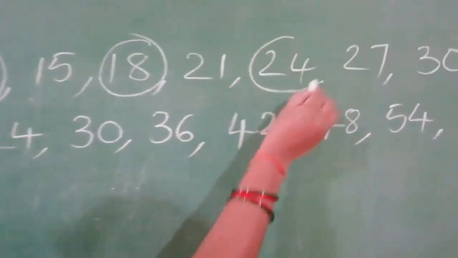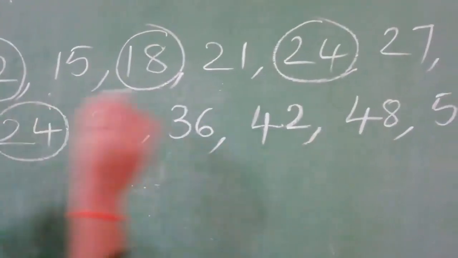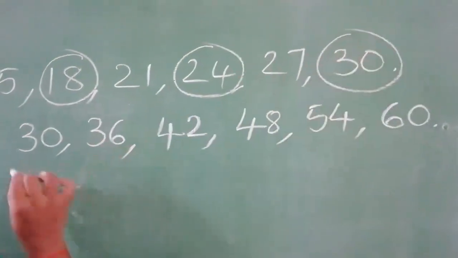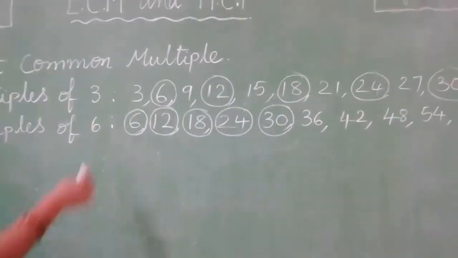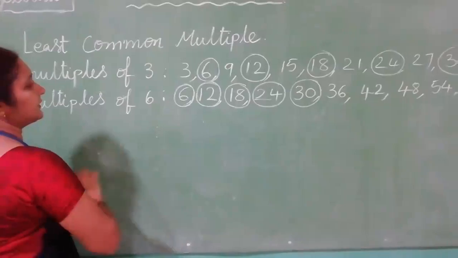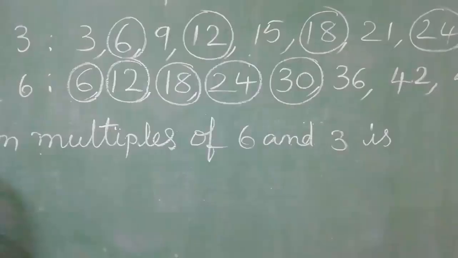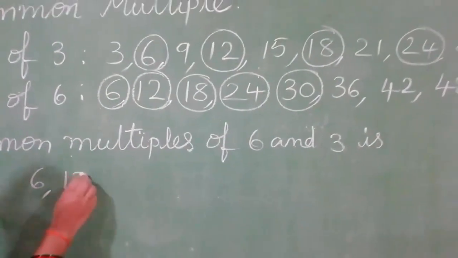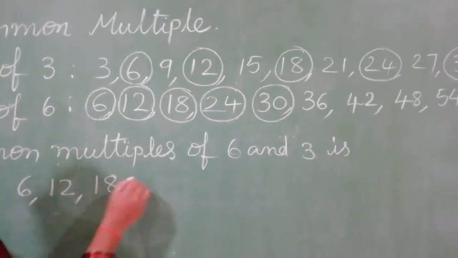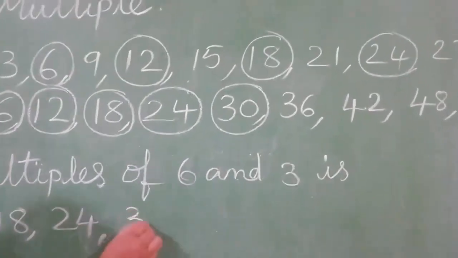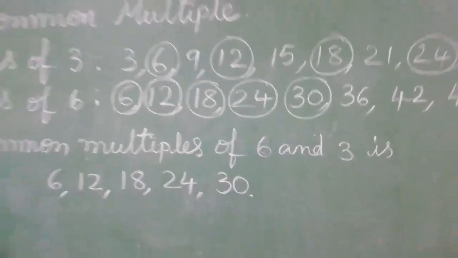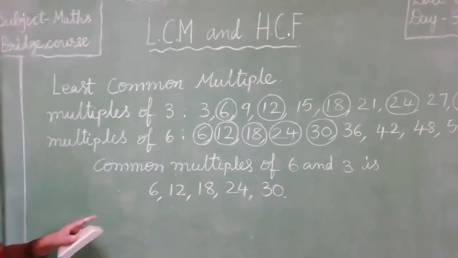Next 24, next 24. Here 30, here 30. The common multiples of 3 and 6 are 6, 12, 18, 24, 30. These are the common multiples.